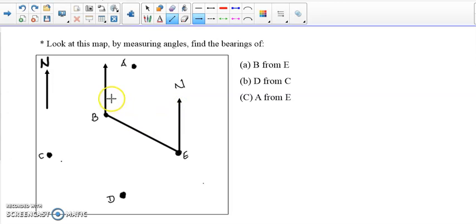You get that? Which means it's going to move from north clockwise. Now what are we looking at? B from E. From E, I will move from here, clockwise direction, back to this point. This is what I'm looking for.